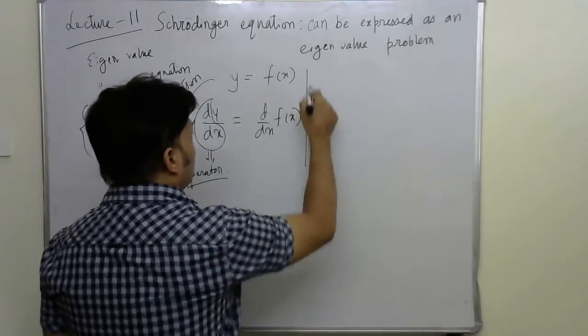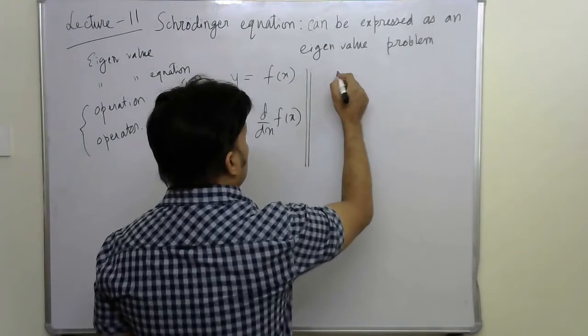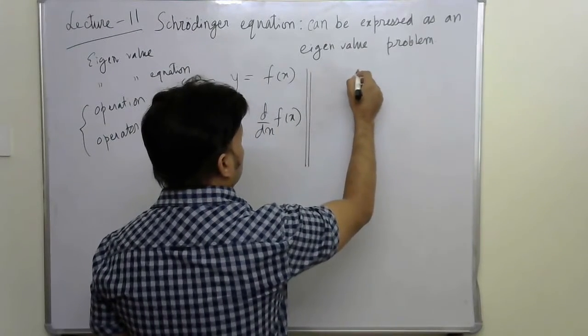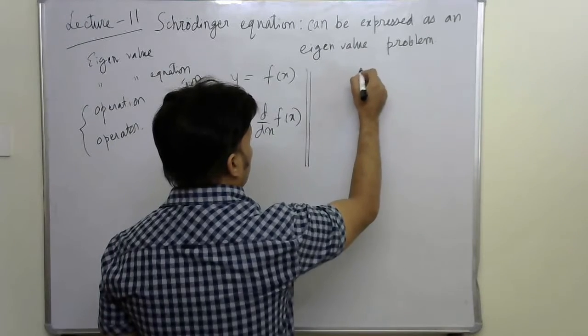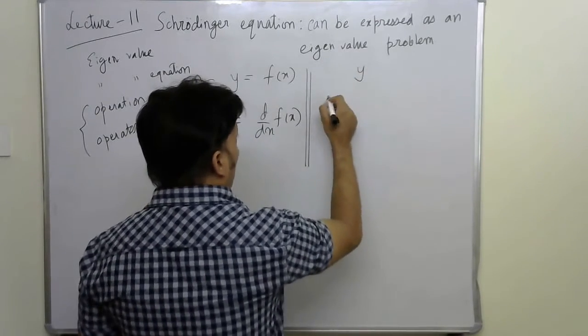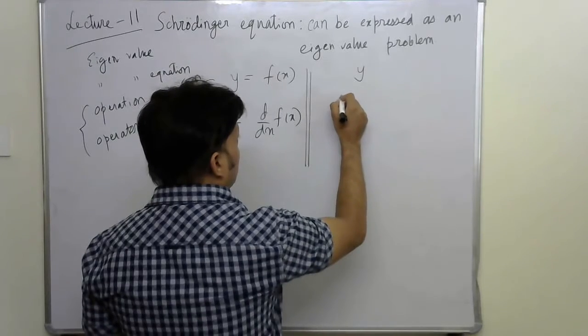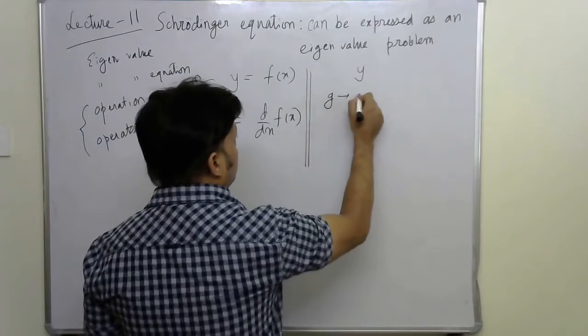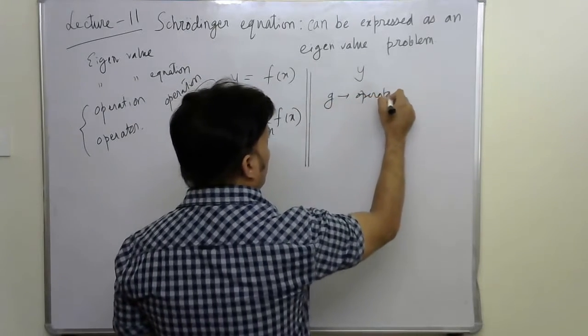The same thing can be represented as, suppose we have a function y, and our operator is g. So g is my operator.